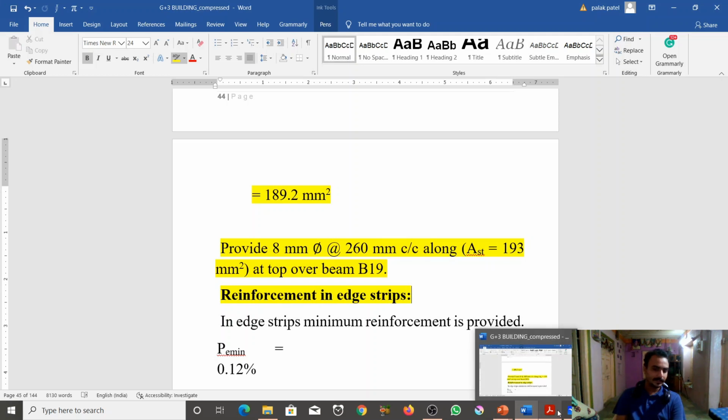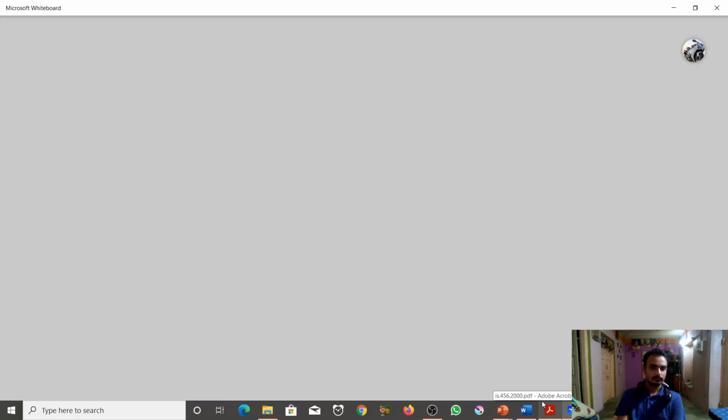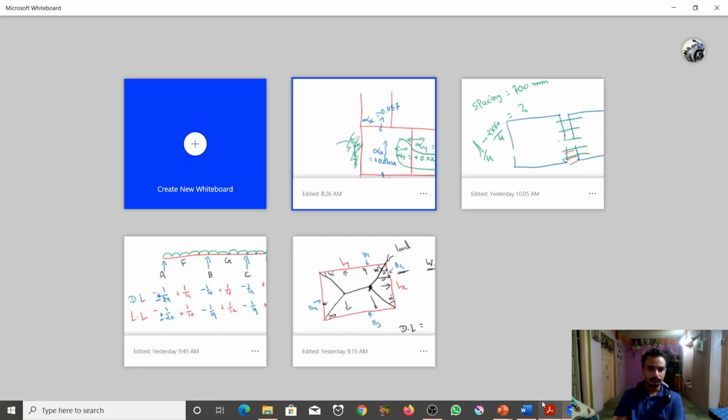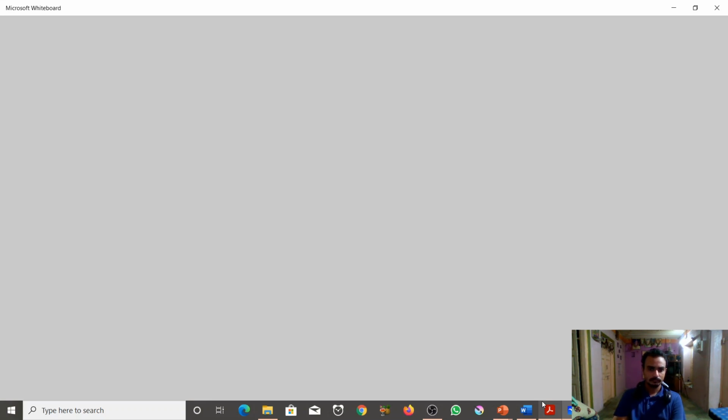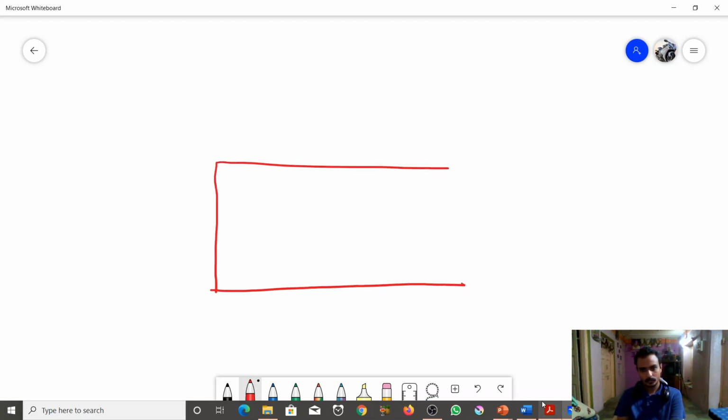What is edge strip? Edge strip looks like this. See here, it's your slab.